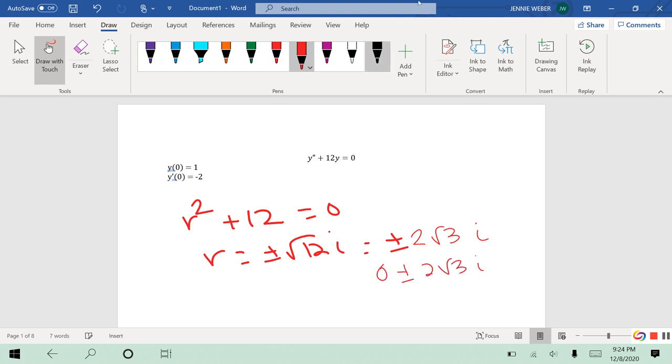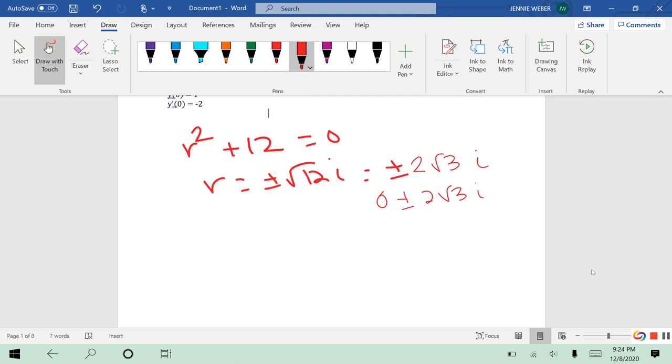Now you'll notice here I'm not writing it in, but there really is a 0 here, and that's going to matter because there are 3 options in the book. There's the option if you have a repeated linear term, you have 2 real solutions, or if you have an imaginary like we do here. We have an imaginary non-real, so we're going to use that version, and that's how we get this.